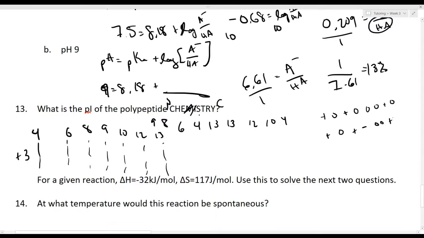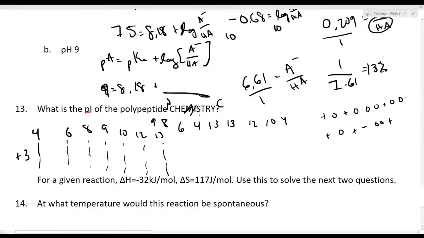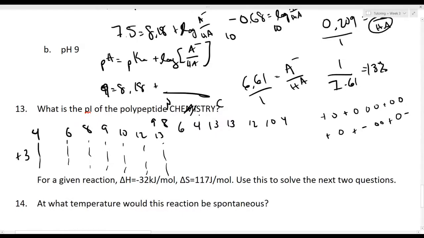Tyrosine is the same. Did I miss one? Yes, up here I should have one extra neutral. And over here, arginine is still positive, tyrosine is still neutral. My C terminus is now negative, so now I have a +1 charge.